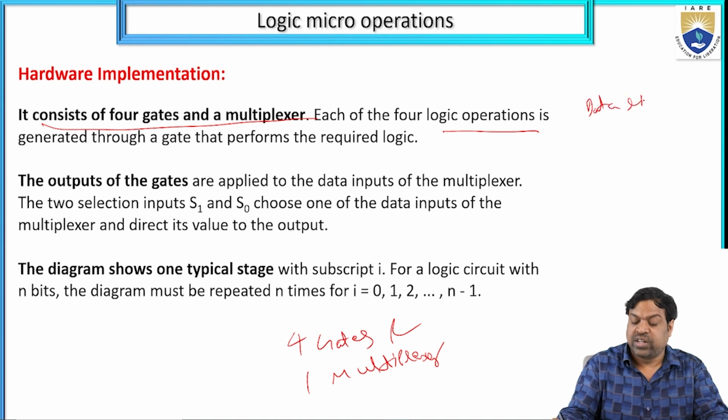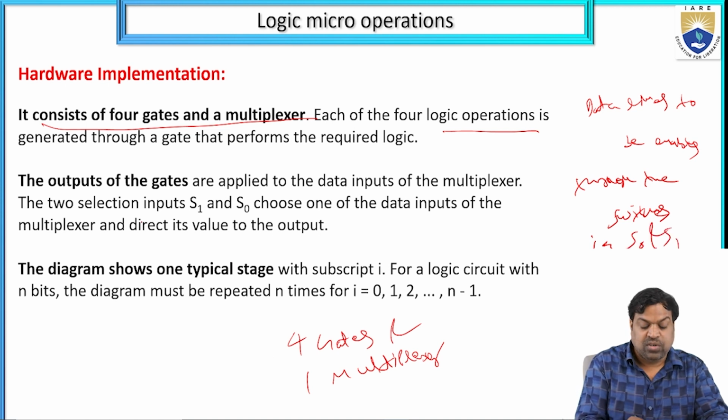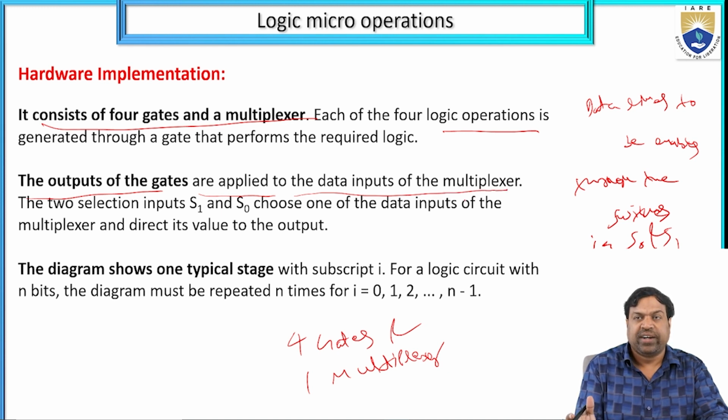Data lines are to be enabled through the switches, that is S0 and S1. So these outputs of the gates are applied to the data inputs of the multiplexer. Multiplexer means I get only one output from the 4 logic gates.